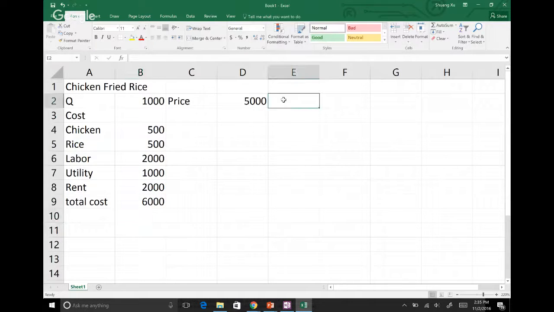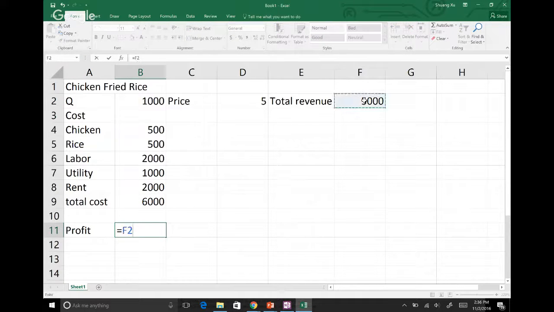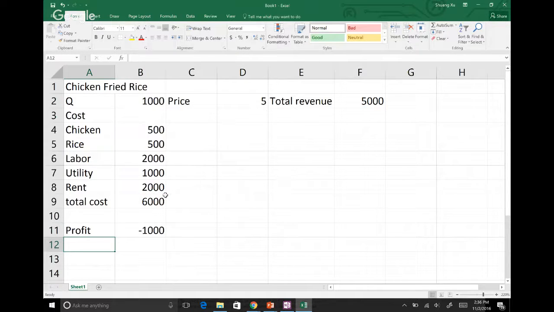My total revenue equals price times quantity, so 1,000 times $5. My total revenue is $5,000. Now for this company's profit, it's equal to total revenue of 5,000 minus total cost of 6,000. So for this company, we're losing money. We're losing $1,000 per month.